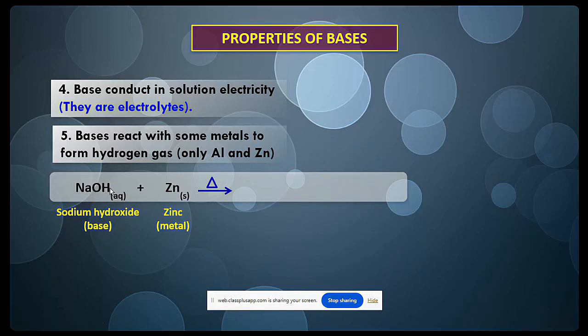So to displace ions here, to separate the ions, we need to apply heat energy so that sodium zincate gets formed, Na2ZnO2 aqueous sodium zincate salt, and H2 gas, hydrogen gas. Is it clear? So this is the fifth property of base.